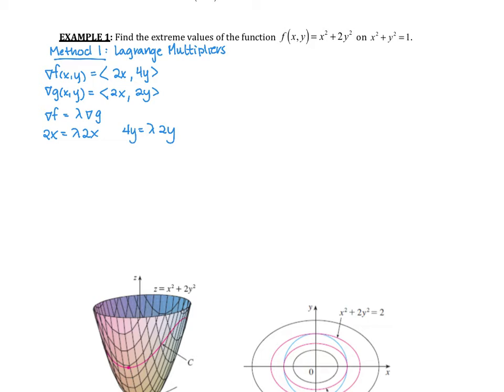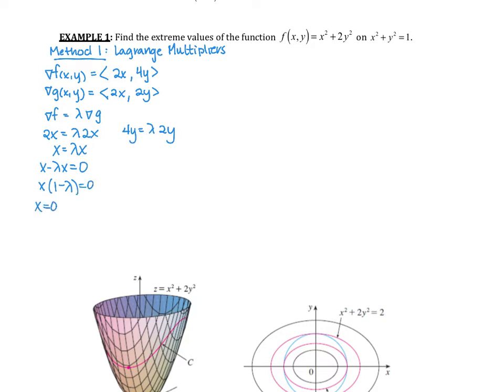And now it's a system of equations that I need to use to find the values of x and y in this case, and lambda. So solving this, I can see that in this first example, x needs to equal lambda x, which means x minus lambda x equals 0, which means x times 1 minus lambda equals 0.